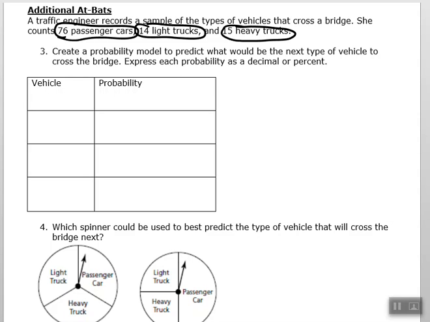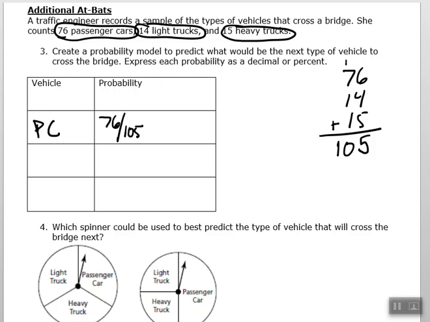So let's see, I had 76 plus 14 plus 15, and that gives me 105. So I did 105 trials. My passenger car is 76 out of 105.